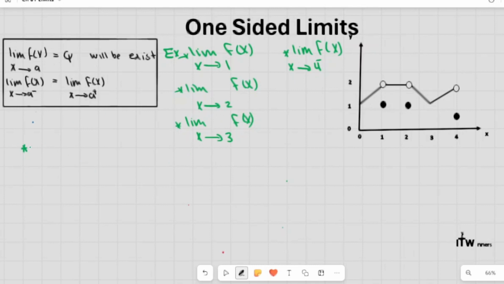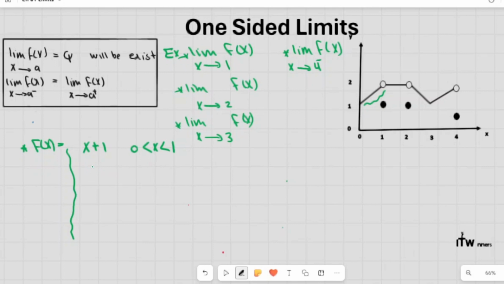Okay, so again, let's redefine this function on intervals. So f of x here will be equal to, the first part of this row represents x plus 1 when x is from 0 to 1.